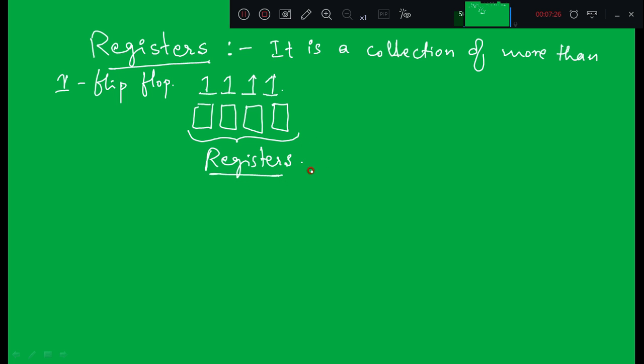So I hope you understood the basics of registers. These registers are divided into two types.